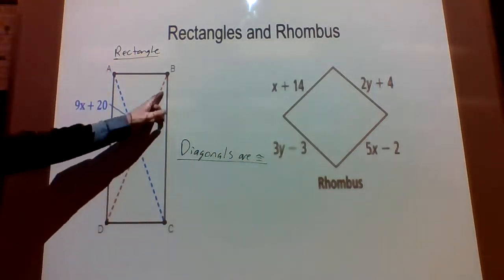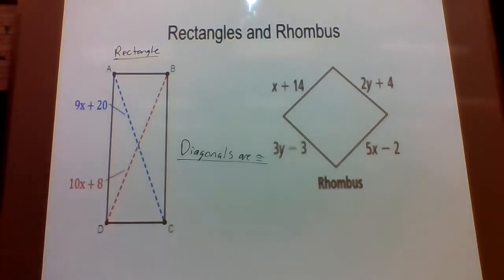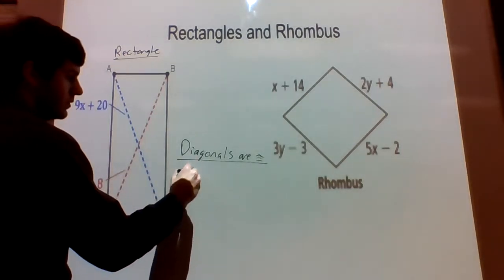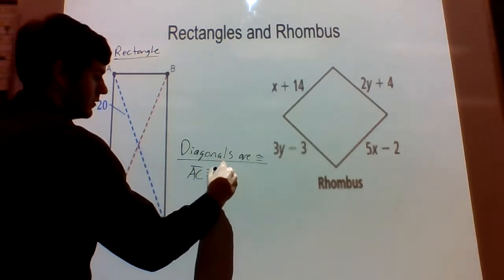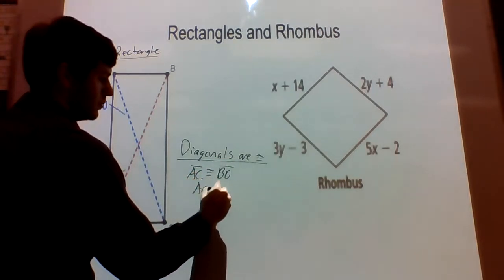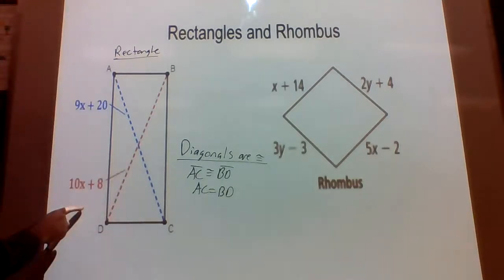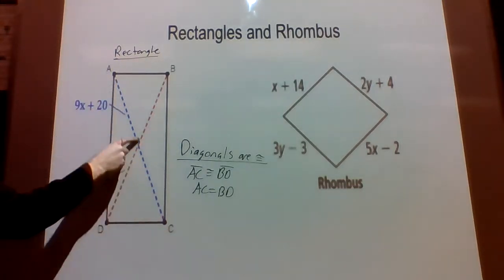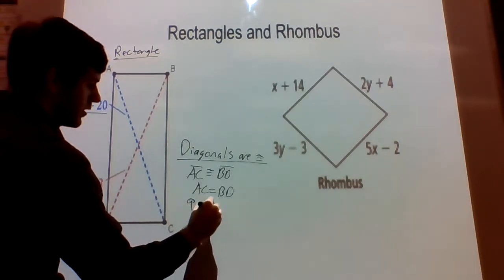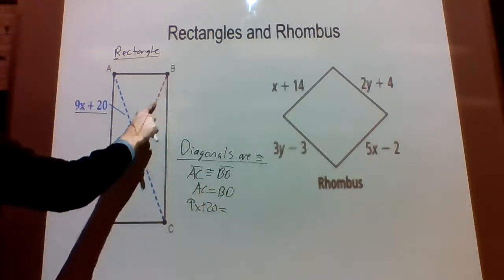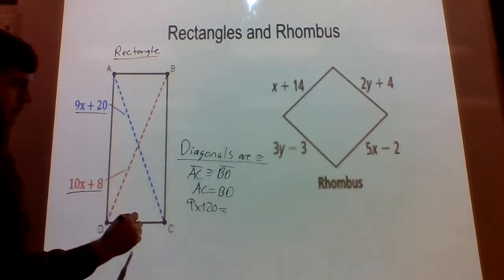So our diagonals DB is congruent to AC. So AC is equal to BD. AC is 9x plus 20. BD is 10x plus 8.